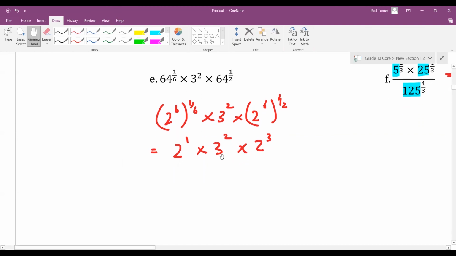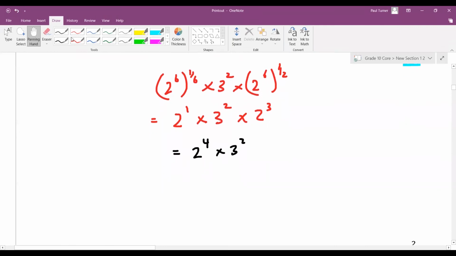2 cubed minus 2 power 4 times 3 power 2. Yeah, they're all different powers, so you could just stop at this point here. I think my answer key gives a different way. What you could actually do at this step, if you want to get closer to the answer key, this would be 2 squared times 3 squared.